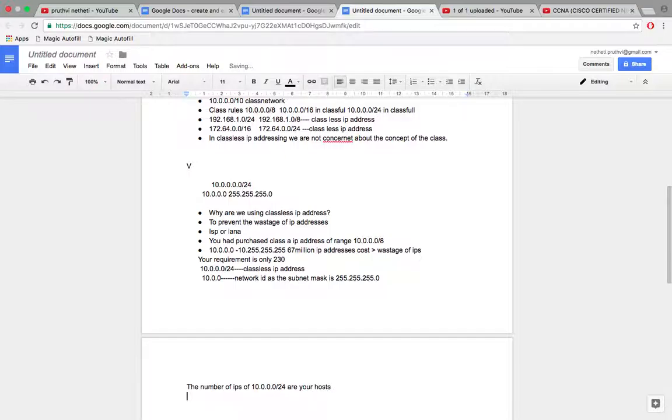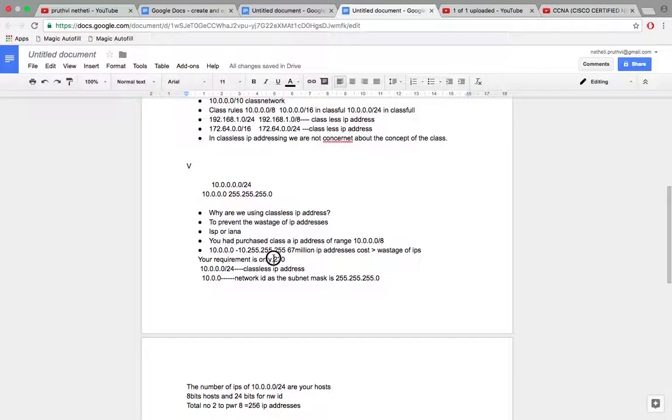So what will happen now? 8 bits for hosts and 24 bits for network ID. So the total number of IP addresses are 2 to the power 8, which will give you 256 IP addresses. So what is your requirement here?